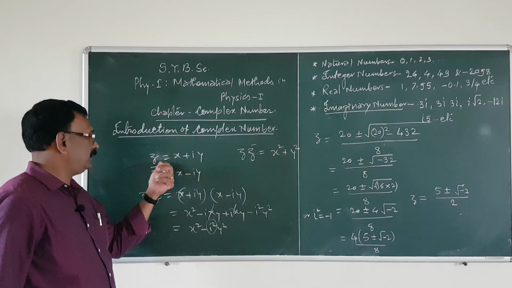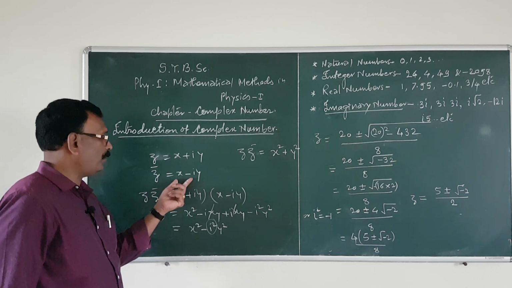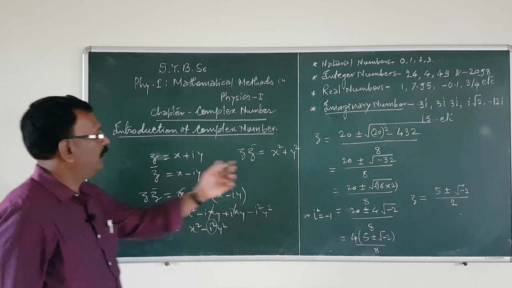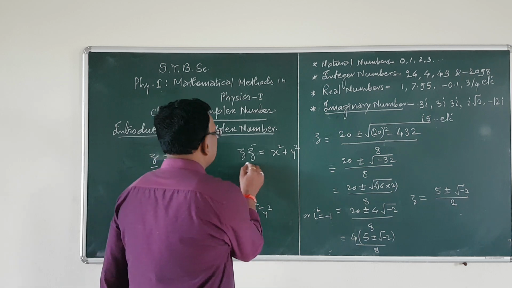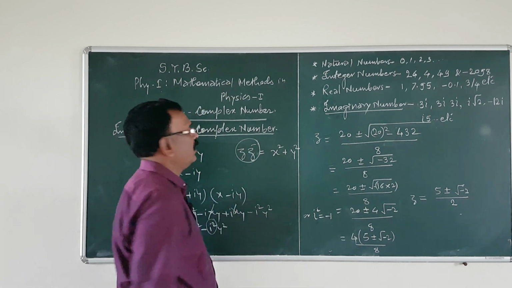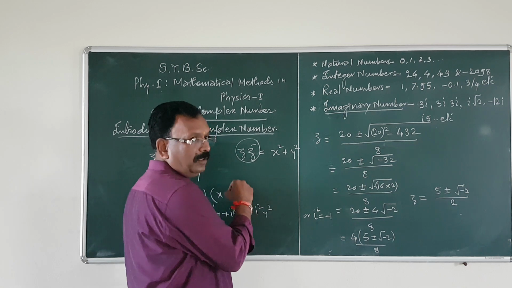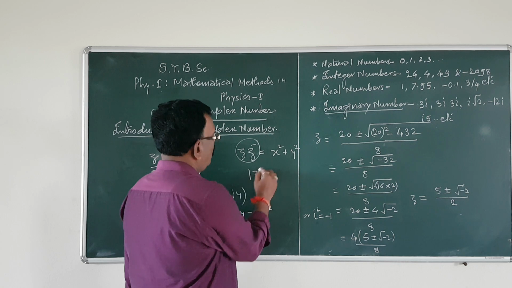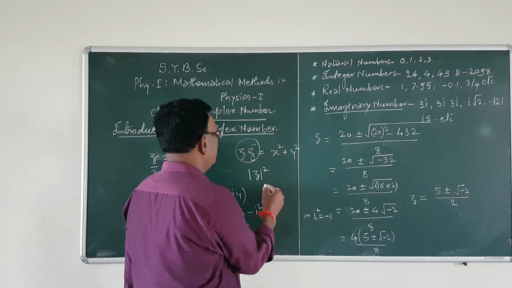We consider z is a complex number and z bar is its complex conjugate. The product of these two terms gives a positive number. This product z z bar is called the modulus square of the complex number, represented by mod of z square.